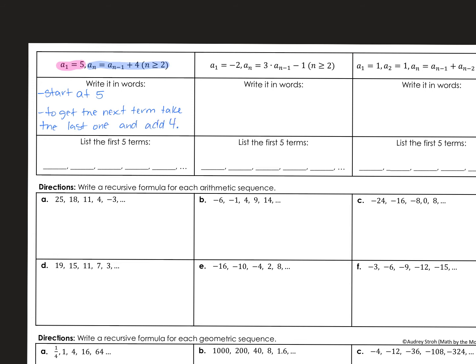So I'm going to take my starting term, which is 5, and add 4. So 5 plus 4 makes 9, 9 plus 4 is 13, 13 plus 4 is 17, and 17 plus 4 is 21. So these would be the next pieces of my equation.